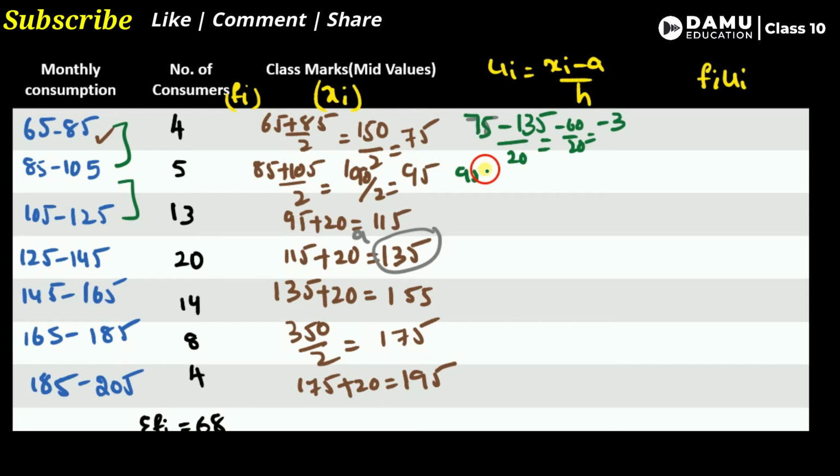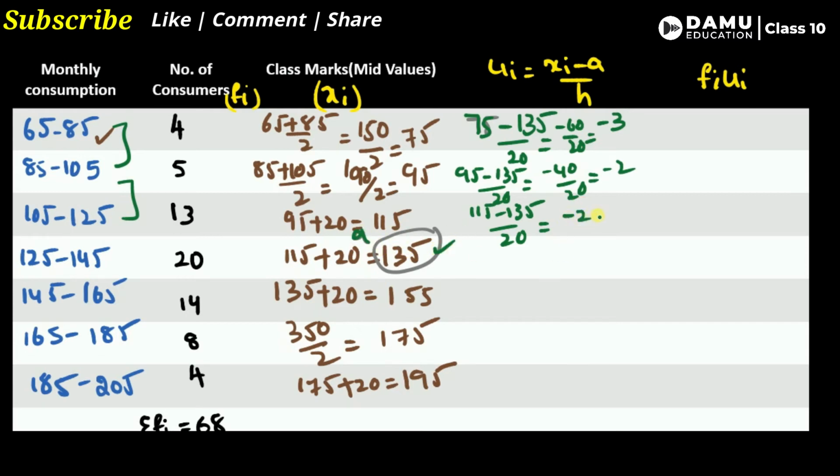So for this also, 95 minus 135 by 20, then what will you get? 95 minus 135 is minus 40, so minus 40 by 20, then you will get minus 2. Then here, 115 minus 135 by 20. 135 is the assumed mean.